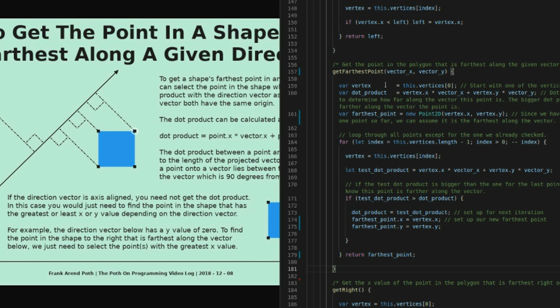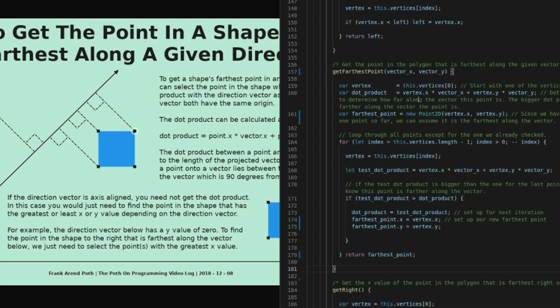So we start out by getting a vertex. We're going to start with vertex 0. So let's say this is vertex 0 right here. This is 1, this is 2, this is 3. We're going to first get the dot product. Now the dot product, like I said, is just vertex x or point dot x times vector dot x plus vertex or point dot y times vector dot y. So we have this right here.